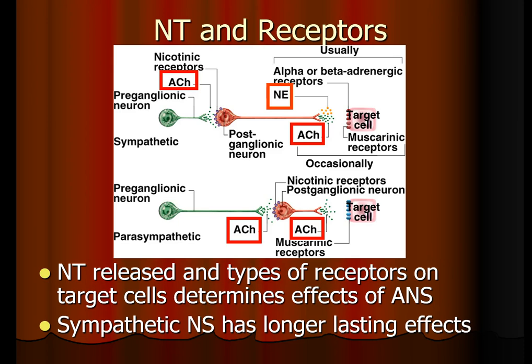Norepinephrine has the ability to get into the bloodstream. And now a chemical messenger floating in the bloodstream is technically a hormone, so it can have hormone-like effects, and it'll stay in our system longer. Okay? And there's some other reasons for that as well, but sympathetic division based on what it does.